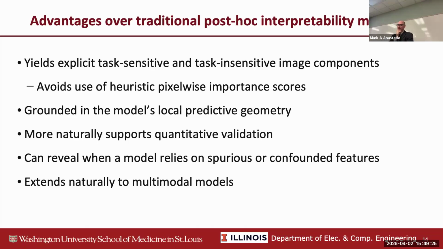But conceptually, say you had 2 images as an input. When you write down the input-dependent Fisher information matrix, it will have a block diagonal structure. So if you push this over to the multimodal case, you'll be able to analyze not only the sensitivity within a given input channel, but also the cross sensitivity, which is something I don't think a lot of the existing methods naturally extend to.